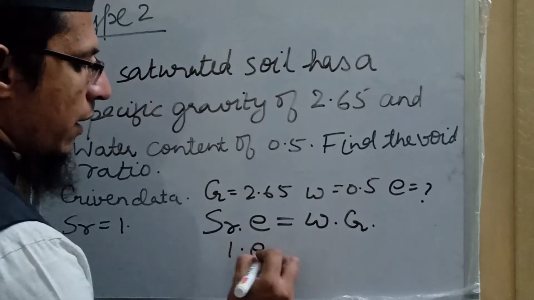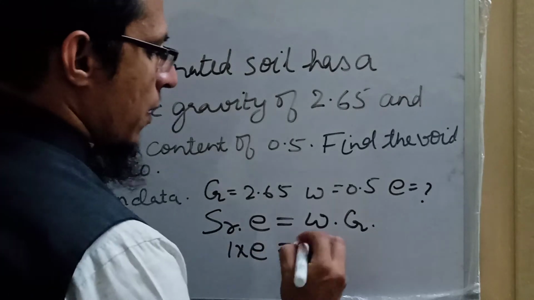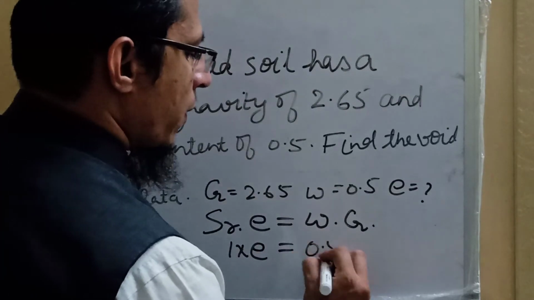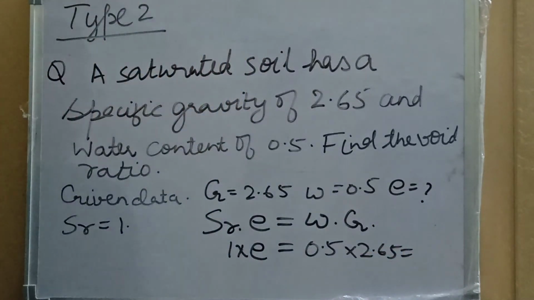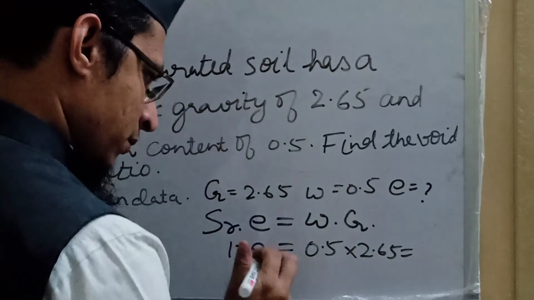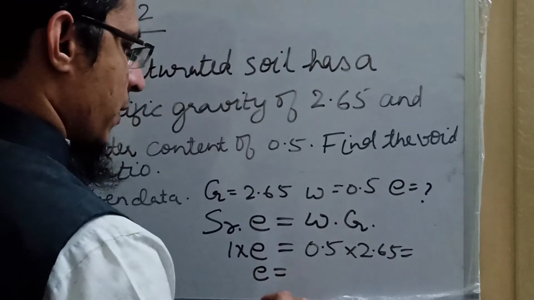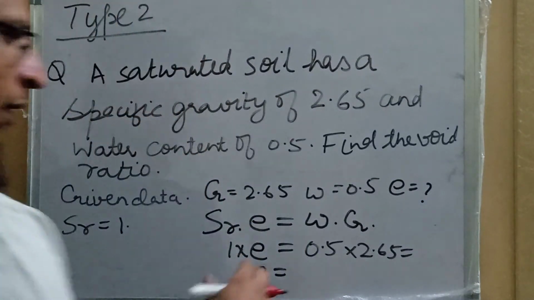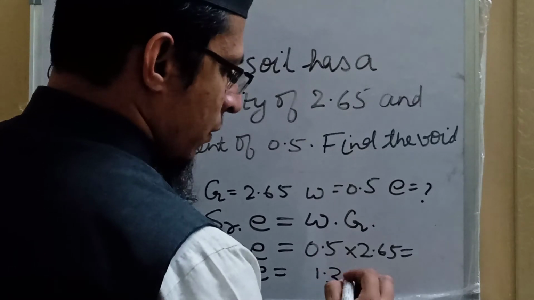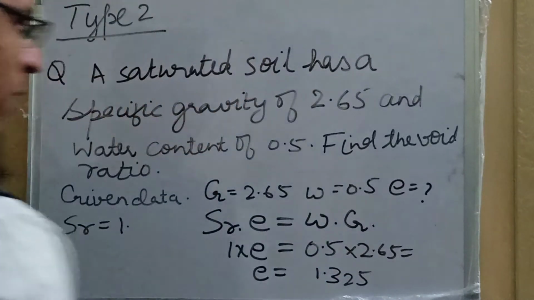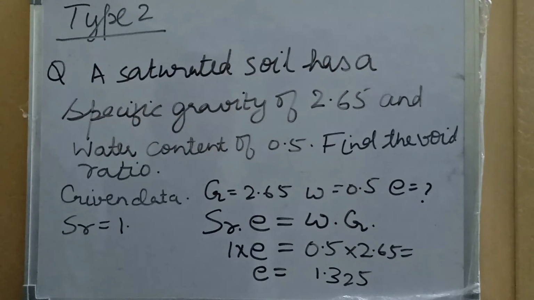So we can write 1 into e is equal to 0.5 into 2.65. So the void ratio will come out to be 1.325.